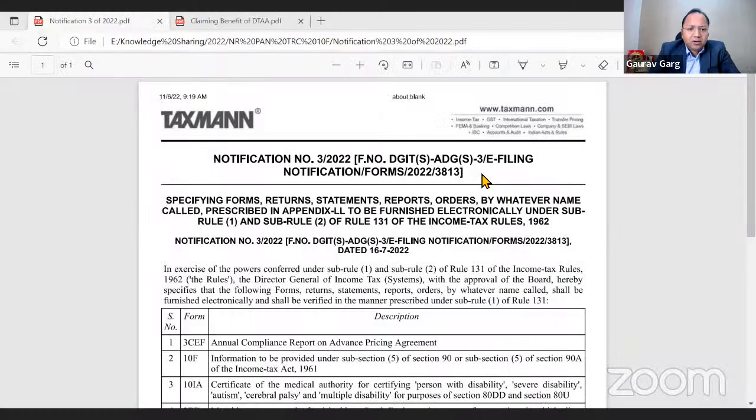So let me first of all share the problem area from where all the problem actually started. This is notification number 3, which was issued in July.